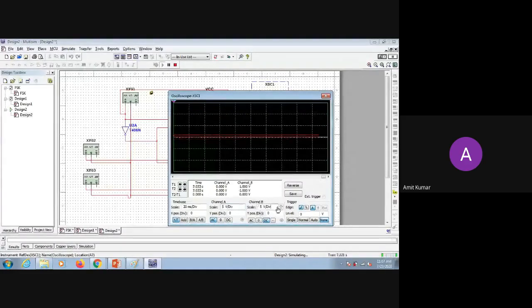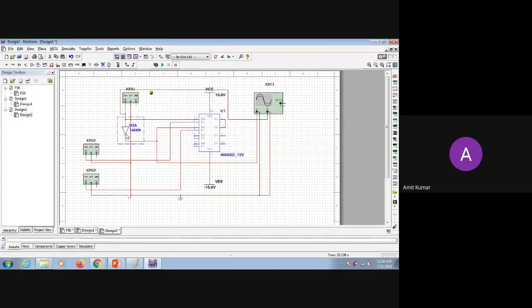The inverter is not working properly. If you see, the first signal is working properly, but the other signal is not working. So that's why you are having a problem. So the problem is with this inverter. In 14.0 it is working perfectly fine, but in this version it is not working properly.